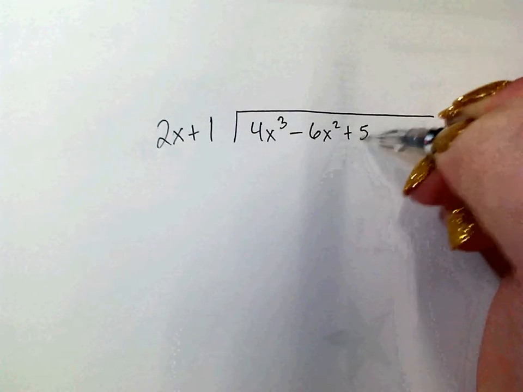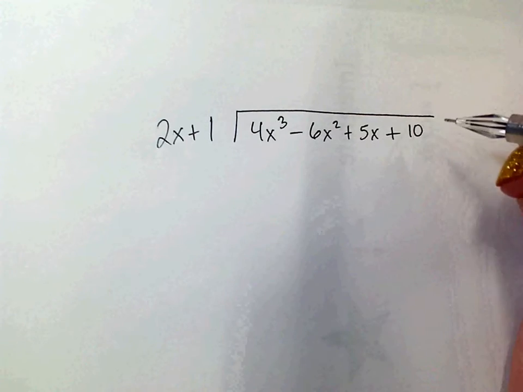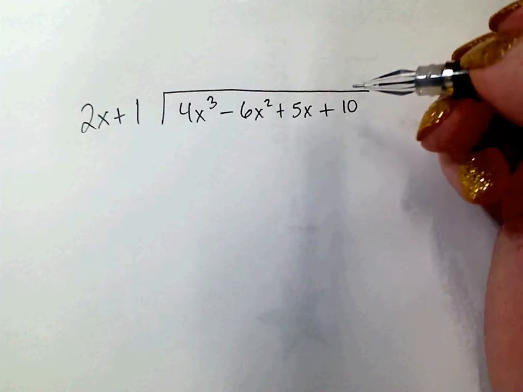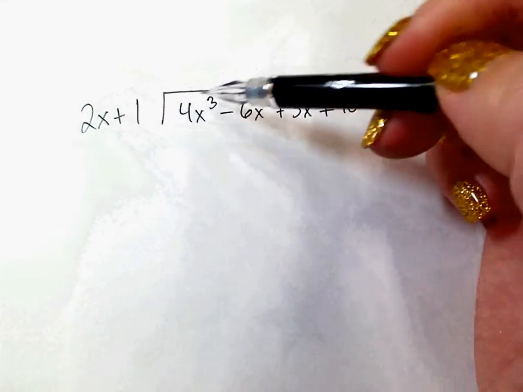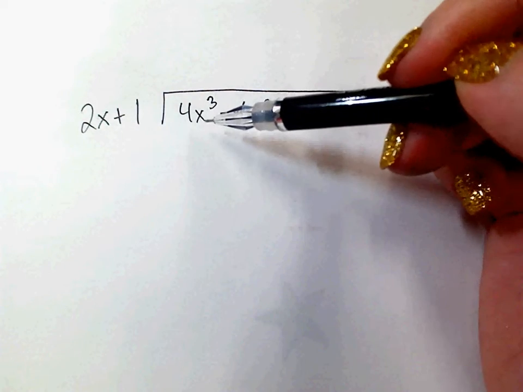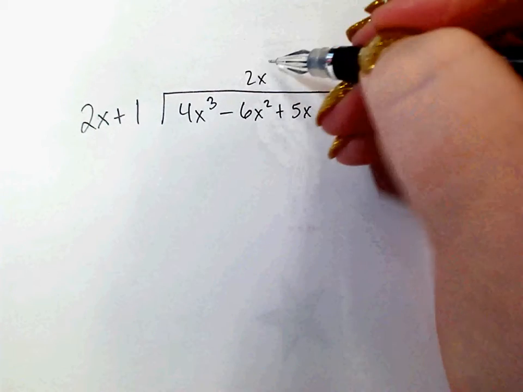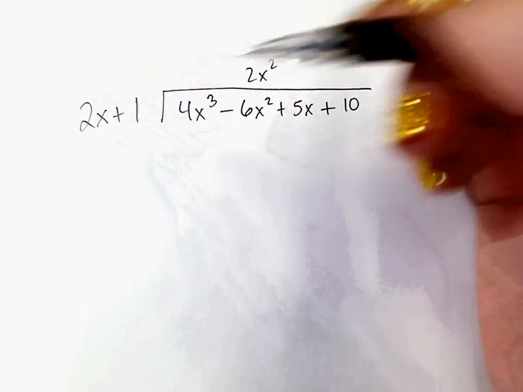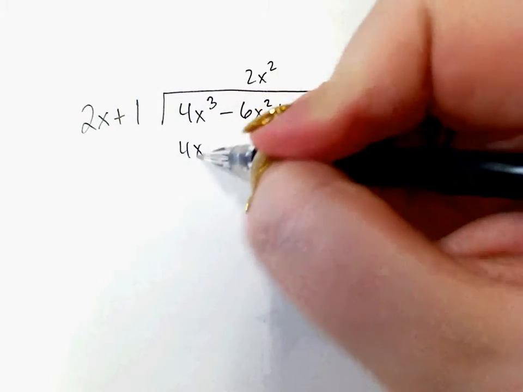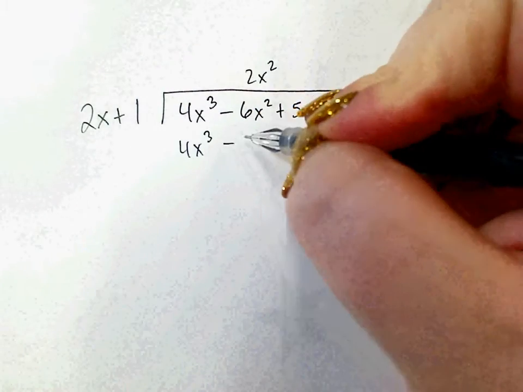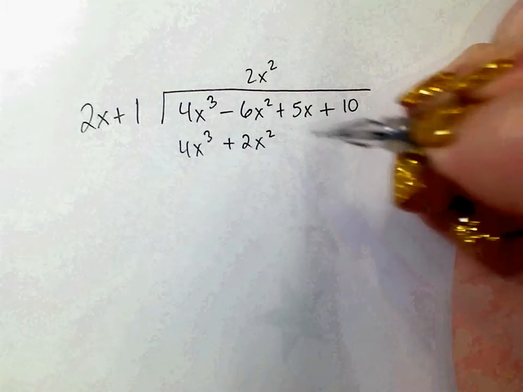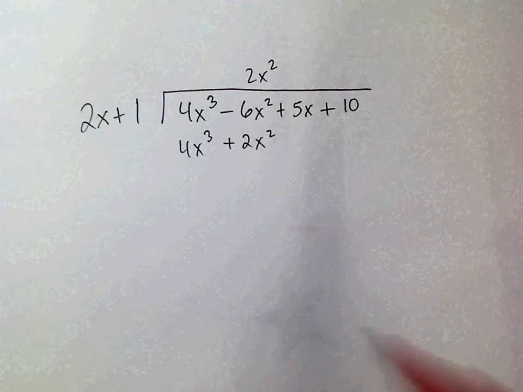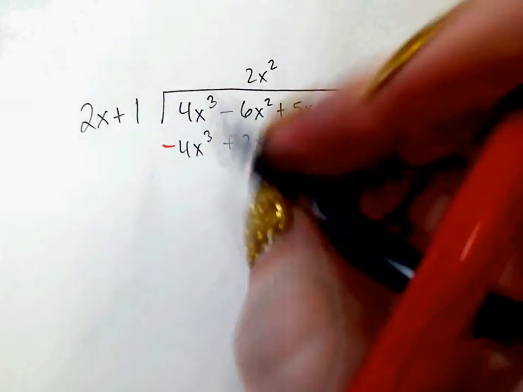Just watch. What are you going to multiply 2x by to get 4x cubed? So then you multiply 2x squared times both of those. What do you get? And then what do you do? And what are you left with? Bring down 5x.